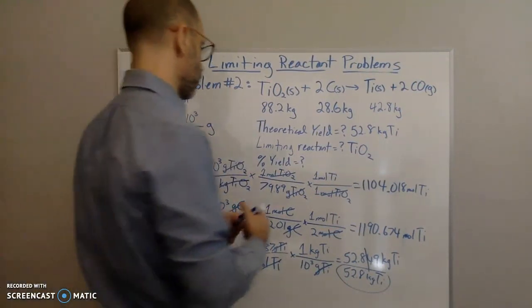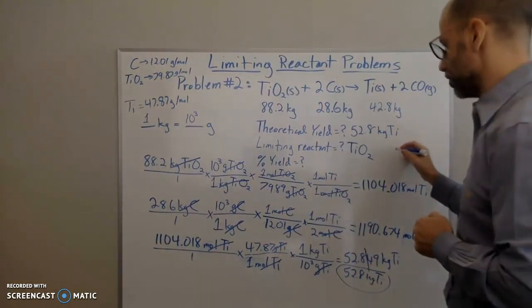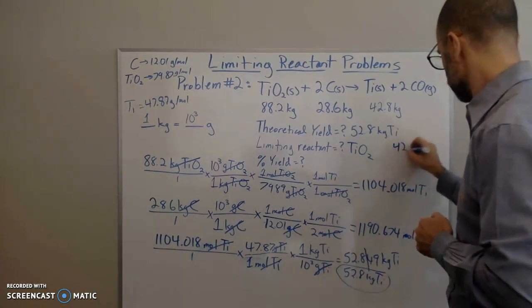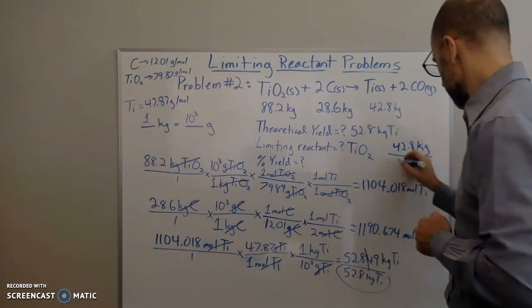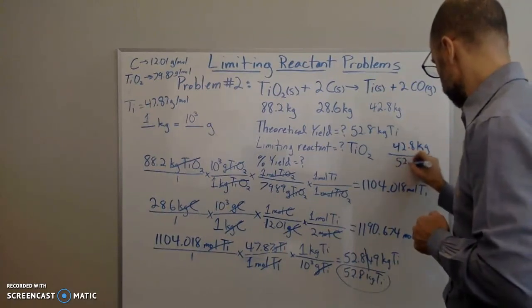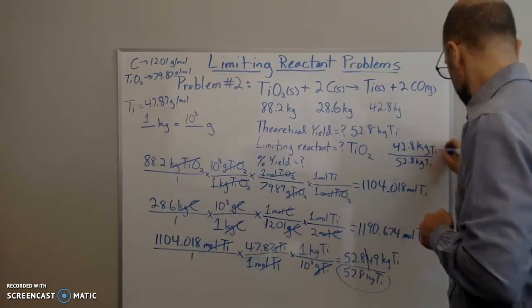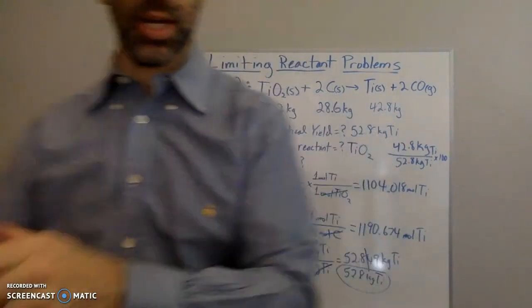So what I'm going to do now is I'm going to take the actual amount. So you take the actual amount, 42.8 kilograms, divide that by 52.8 kilograms of Ti, and you multiply that by 100, and that should give you the percent yield.